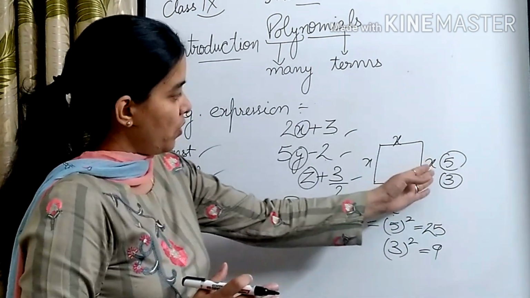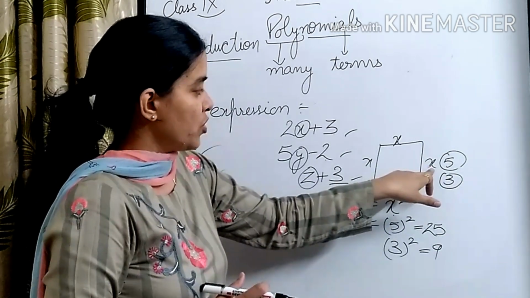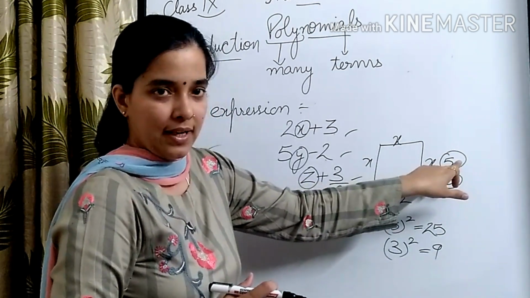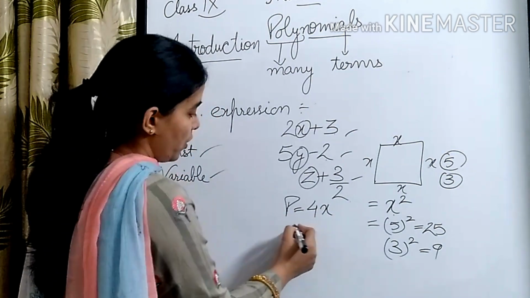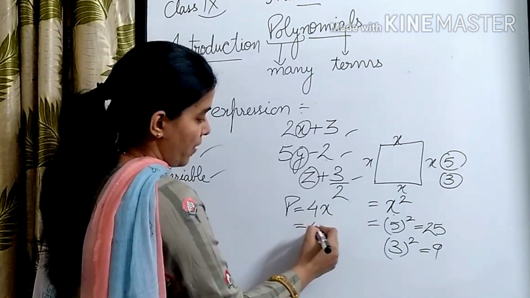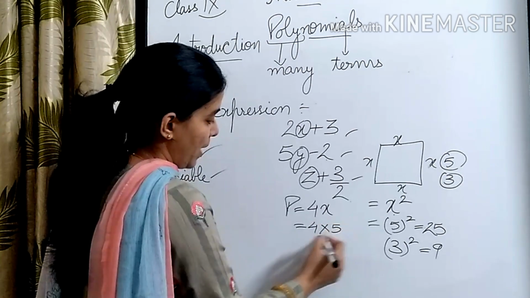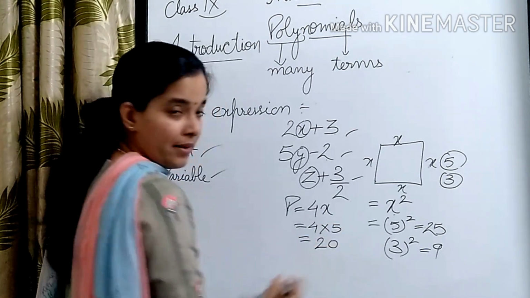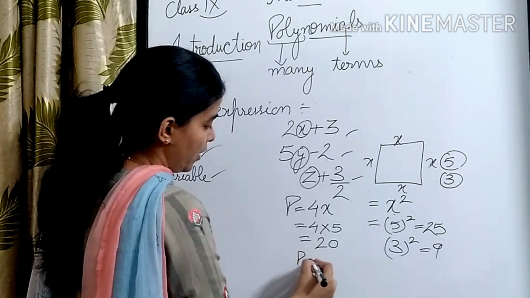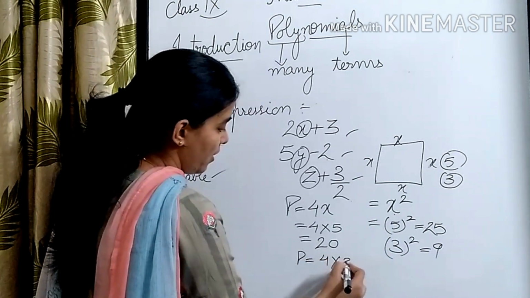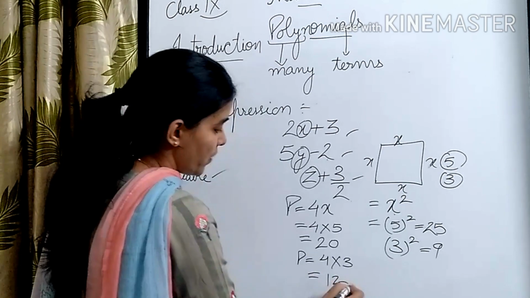Now suppose for these two sides, if I know the value of x is 5, for side 5, I have to find the perimeter. So you just put here 5, so it will become 4 multiply 5, which is 20. Then for 3 it will be 4 multiply 3, which comes out to be 12.